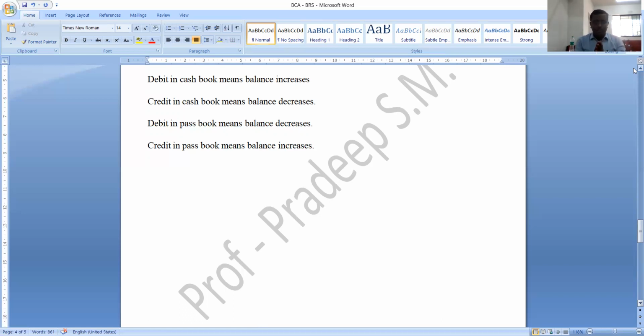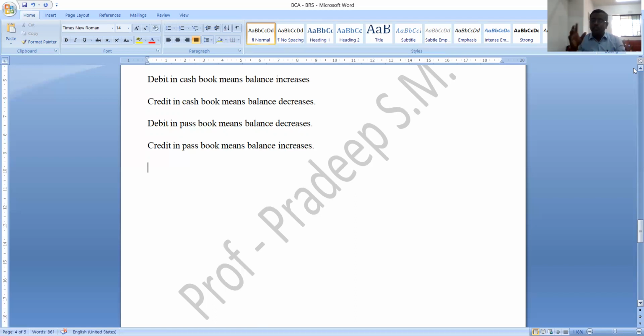Understood? Once again, I will repeat. Listen to me properly. Whatever logic I told you just now is applied when they give the cash book balance and we are going to find out the passbook balance. Suppose they give the passbook balance, you need to find out the cash book balance. At that time, what should we do? Make one assumption: assume that they have given you the cash book balance only.